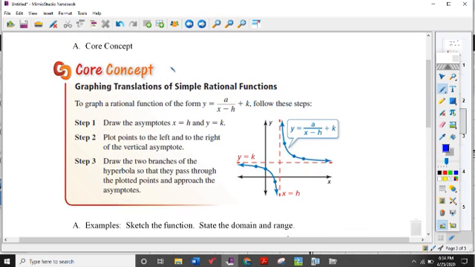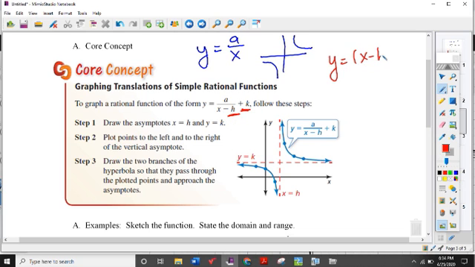Okay, so now we're going to look at what happens to our function when we add other components to it. So what happens to our basic reciprocal or parent function when we add other components? So h and k. Now this should look familiar to you because we've dealt with h and k when we were dealing with parabolas, and when we were dealing with, let me throw an a in there, absolute value functions.